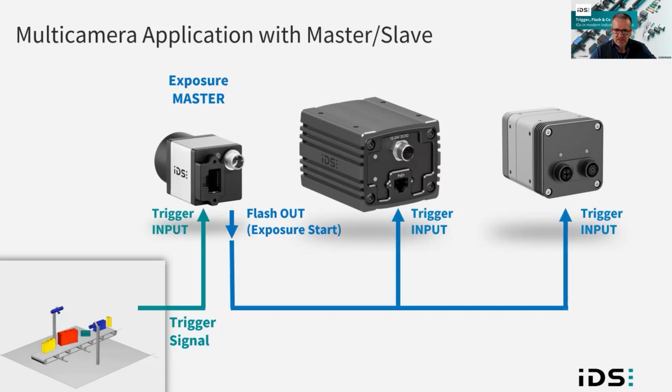In such cases, it is usually a good idea to trigger only one camera, which then acts as the master and controls the exposure of the other cameras. This allows the switching times and delays to be adjusted much more precisely using the adjustable and configurable software options. The result is a much more stable multi-camera system that delivers reproducible synchronous data.